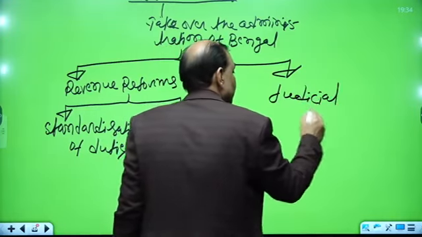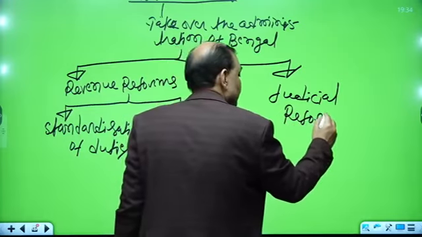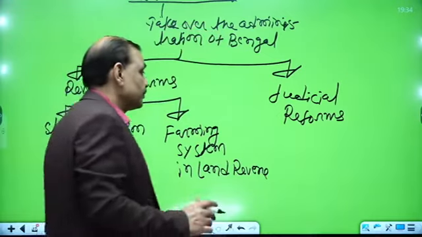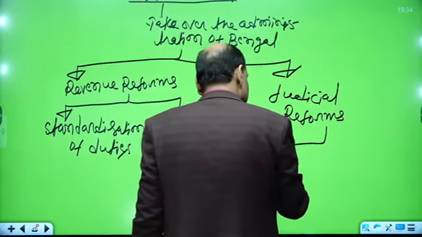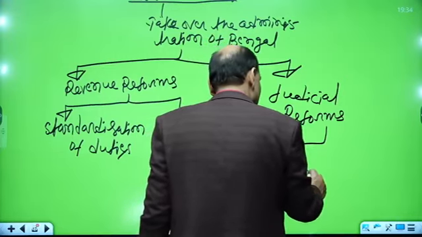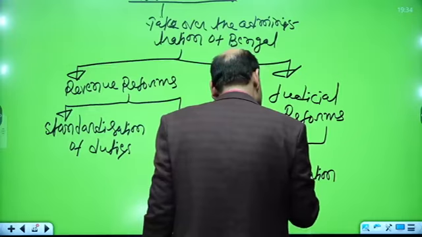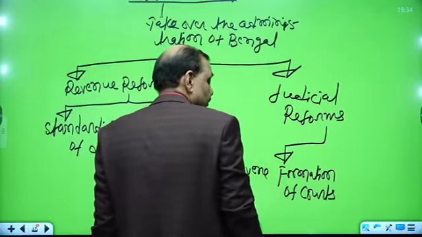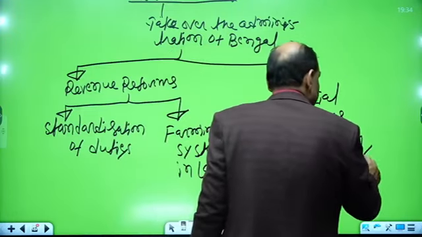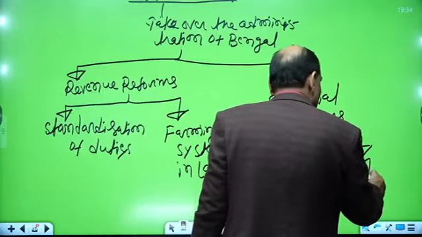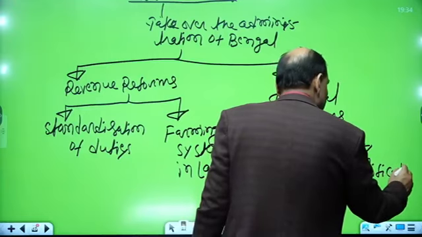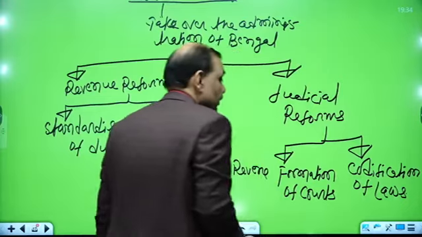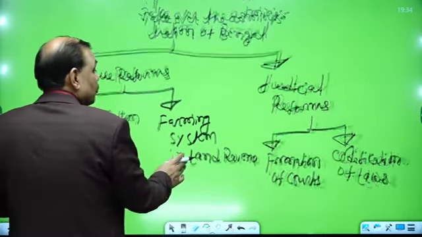Judicial reforms: formation of judicial courts, and codification of laws. That is Warren Hastings.